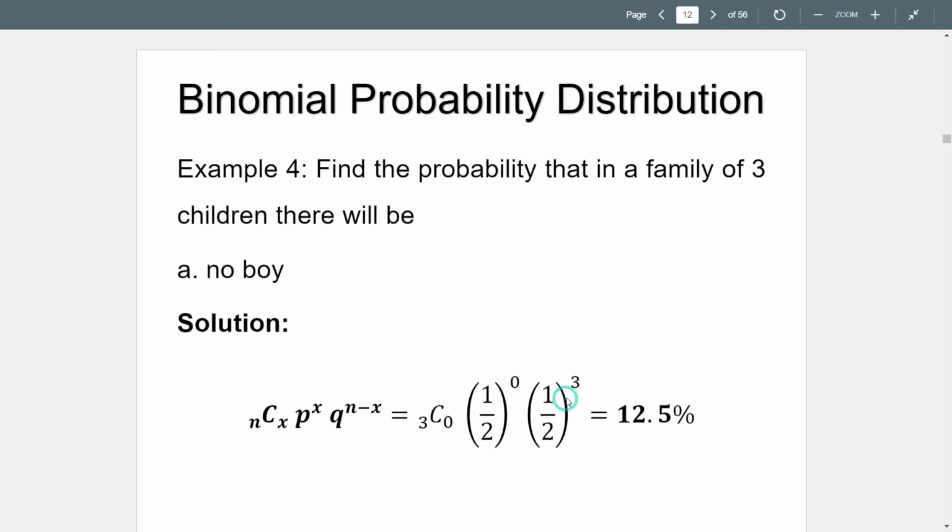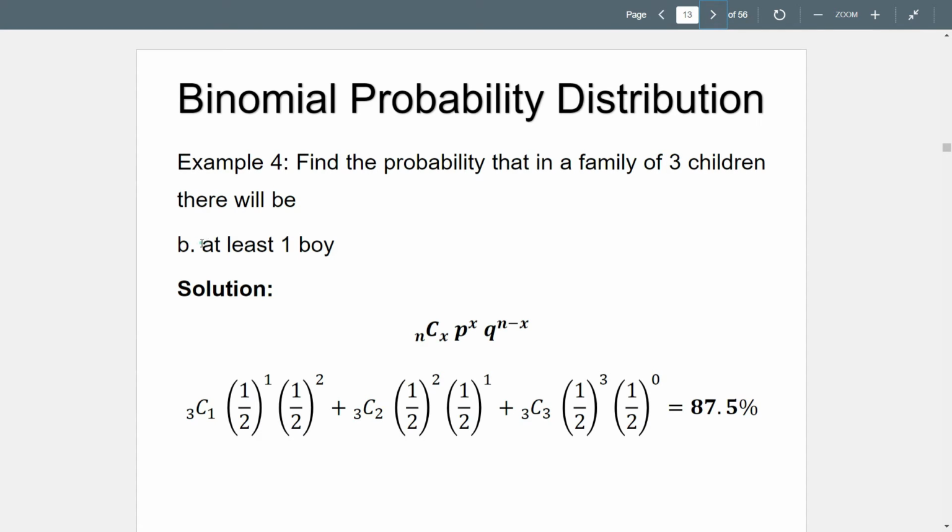And then n minus x is 3 minus 0, so that gives us 3. Using your calculator, you can have an answer of 12.5%. Okay, that's the probability that there will be no boy in the family.